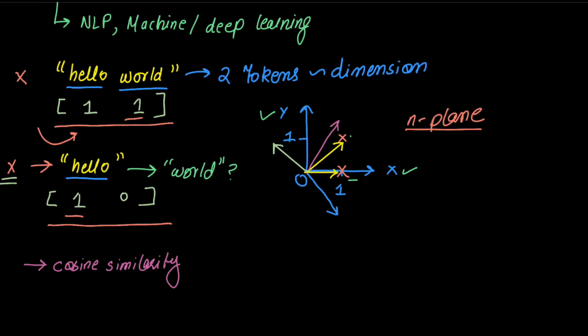Obviously we have these 3 options, and the most intuitive answer would be to find the distances, our distance with this vector, with this vector, and with this vector.